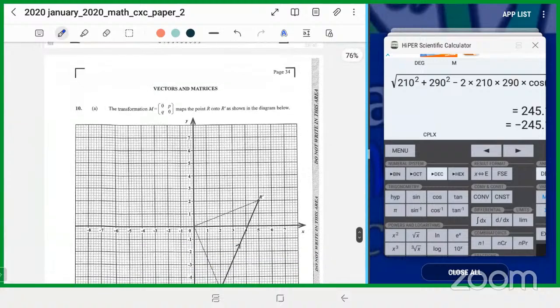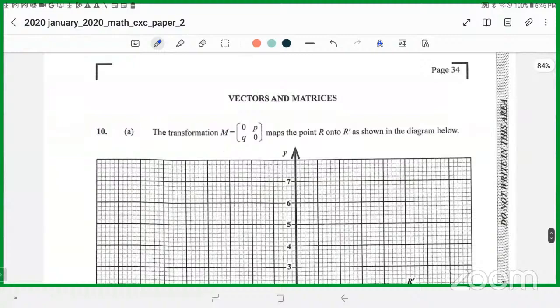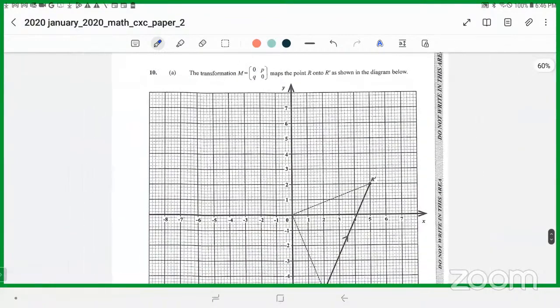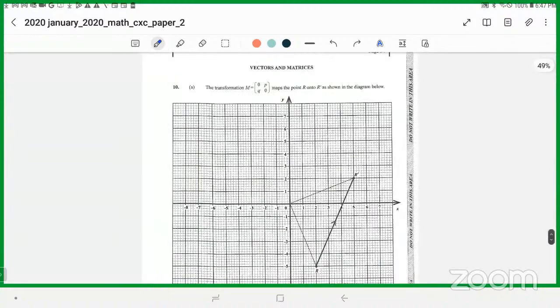All right, let's go to this one now, which is our transformation matrices. This question says transformation M maps R onto R prime as shown in the diagram. So this matrix maps this point onto that point, and they want us to tell them what transformation it is.